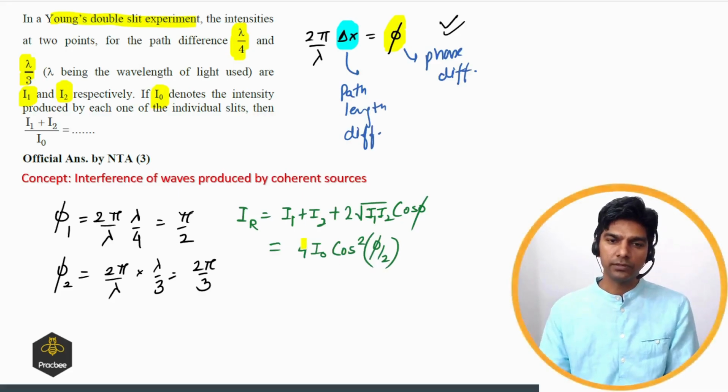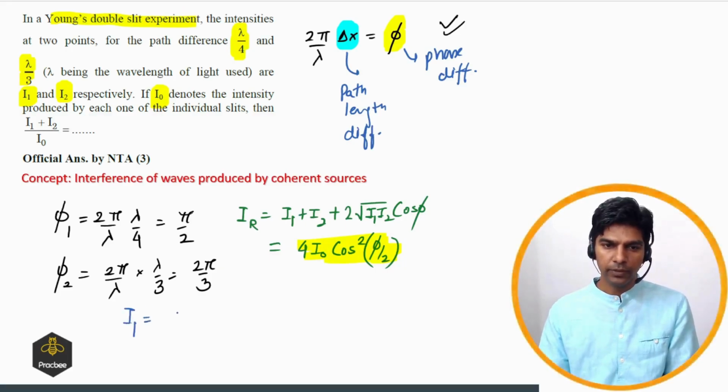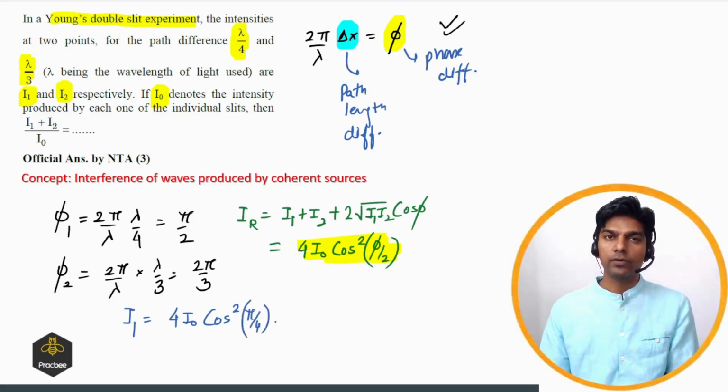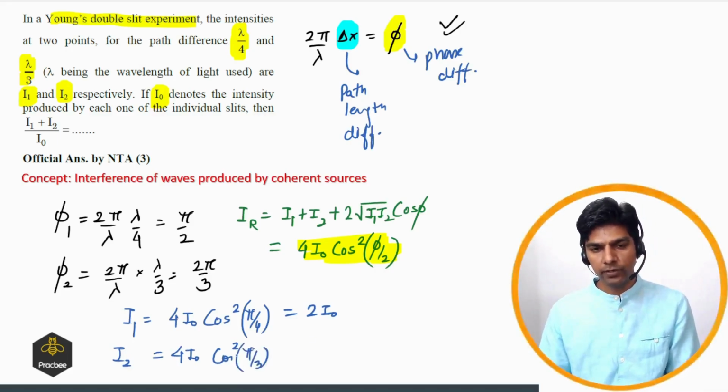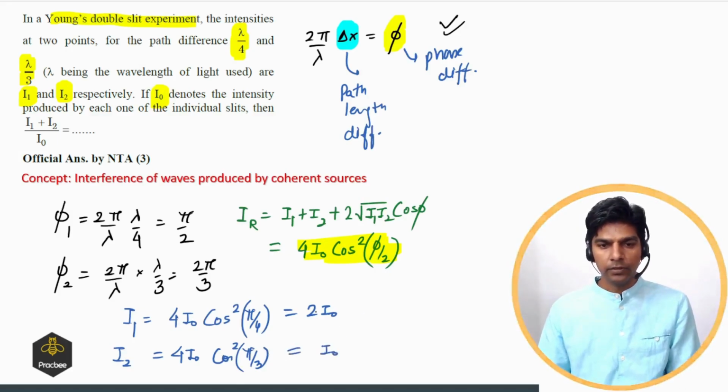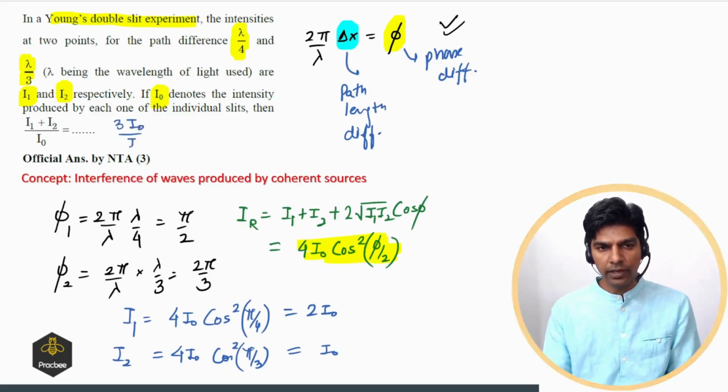The intensity I1 will be 4 I naught cos square pi by 4, and cos pi by 4 is 1 by root 2, so cos square is 1 by 2, so this comes out to be 2 I naught. And I2 comes out to be 4 I naught cos square pi by 3, and cos pi by 3 is 1 by 2, so that will become 1 by 4, so this will become I naught. So we have to find I1 plus I2 by I naught, so it will be 3 I naught upon I naught, so that will be 3. So the answer will be option 3.